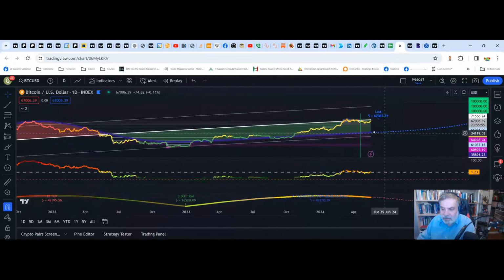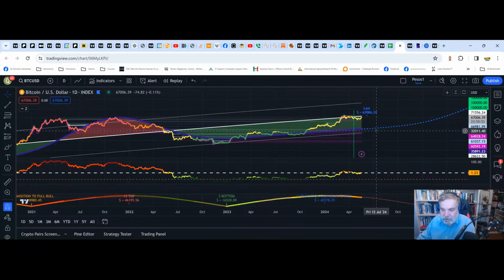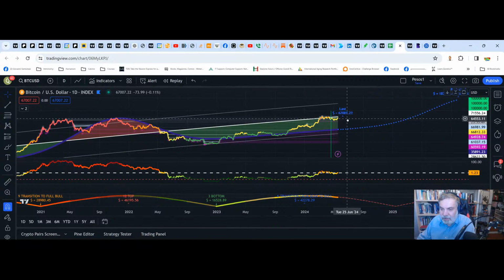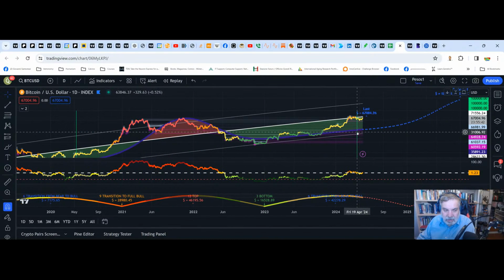I don't think in general, and this is something that we can monitor every week to see if this is true or not, I don't think in general we are going to break this pattern. Even if we break it, it will be something like this: we got really excited, but it didn't happen until we were closer to this transition to the full bull market. But instead of following the blue line, we went up and had a double top, right?